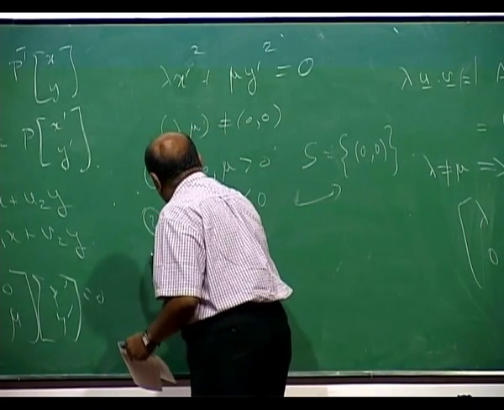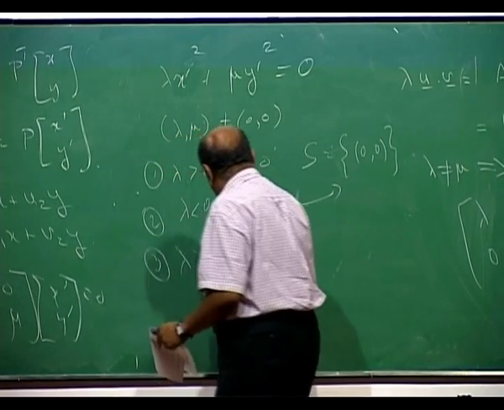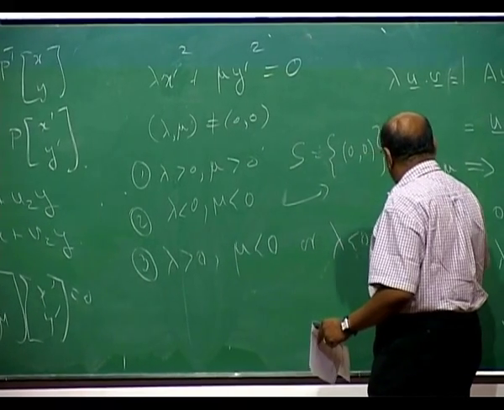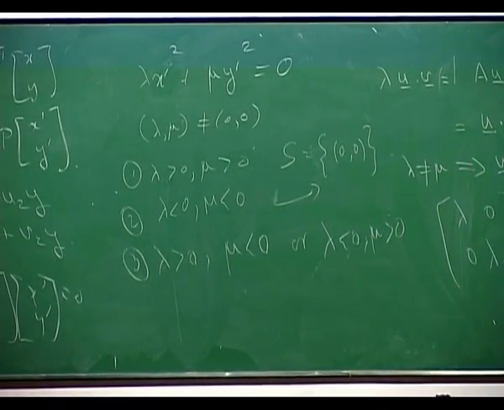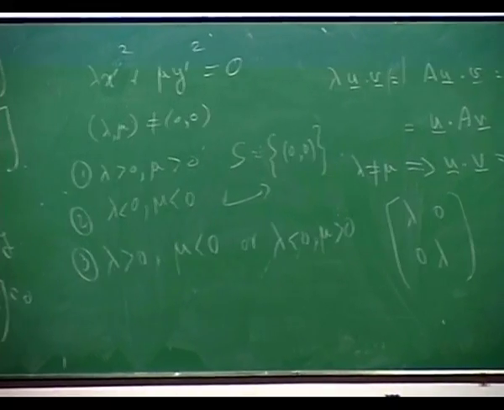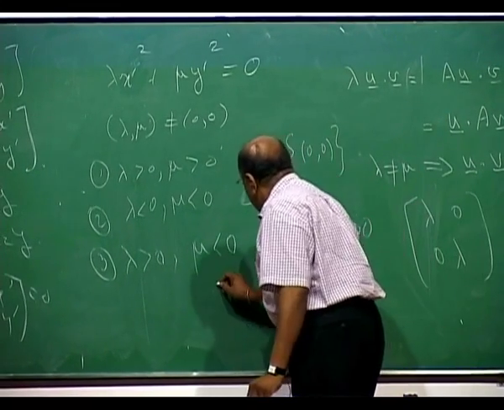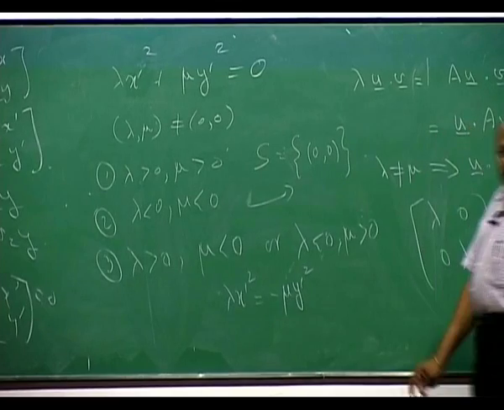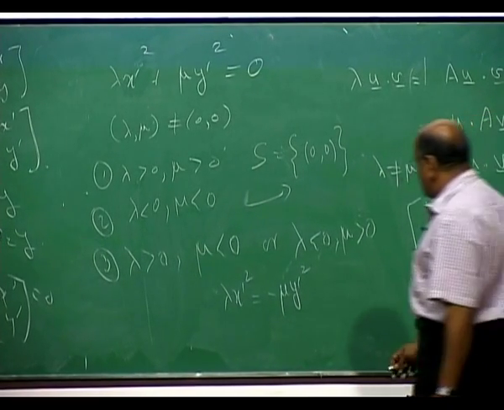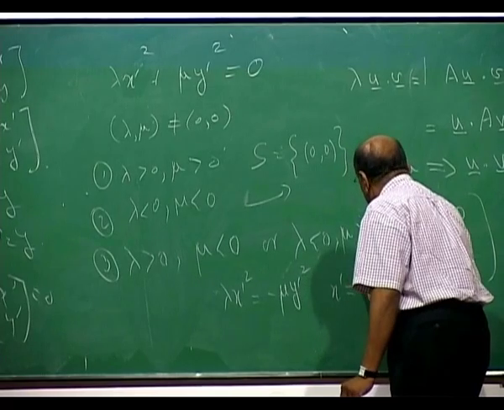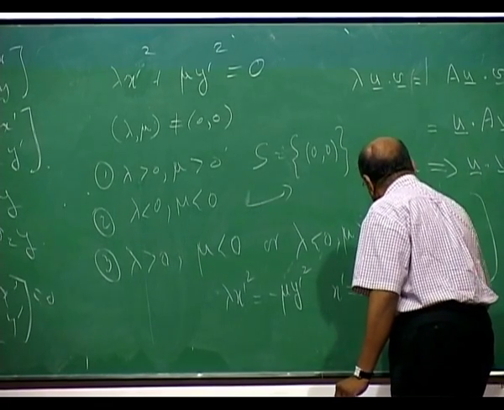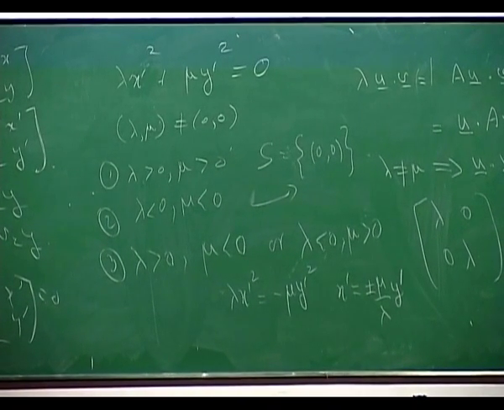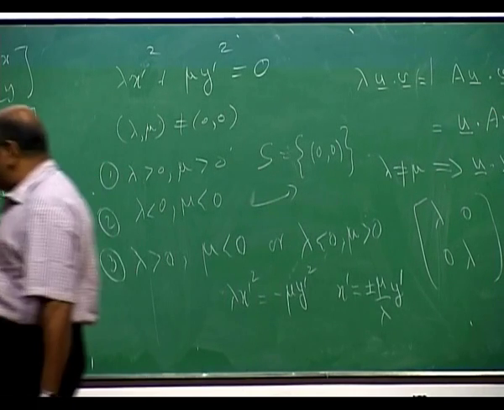So if lambda is positive and mu is negative, or lambda is negative and mu is positive, then you get lambda x dash square equals minus mu y dash square, or x dash equals plus or minus root of minus mu by lambda y dash. So you get a pair of straight lines.